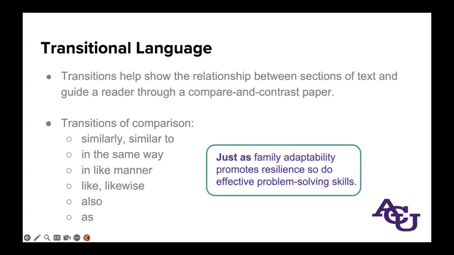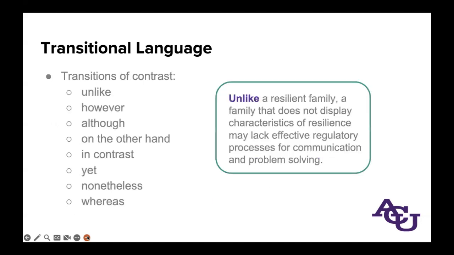Now, for contrast, in the next slide: unlike, however, although, on the other hand, in contrast, yet, nonetheless, whereas. We're showing differences here, differences between subjects. Here's a sentence that you might use.